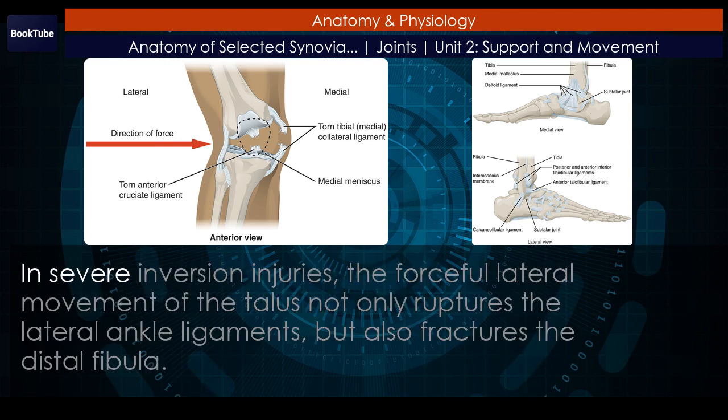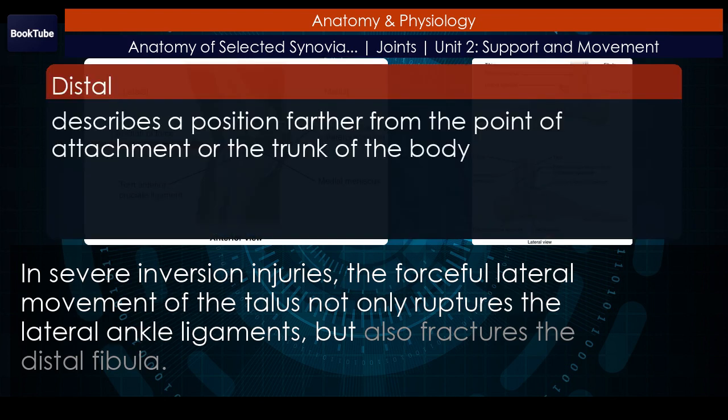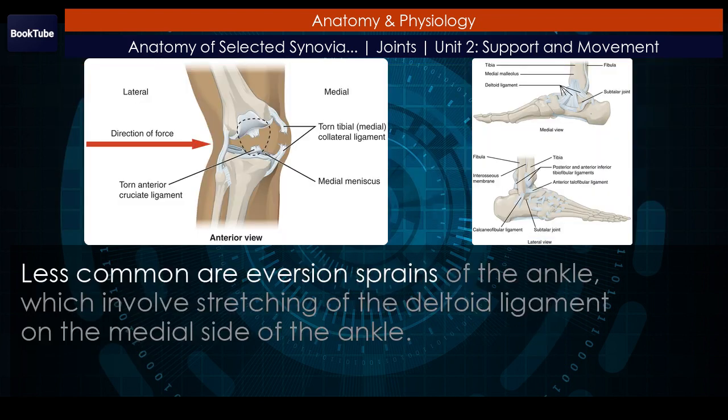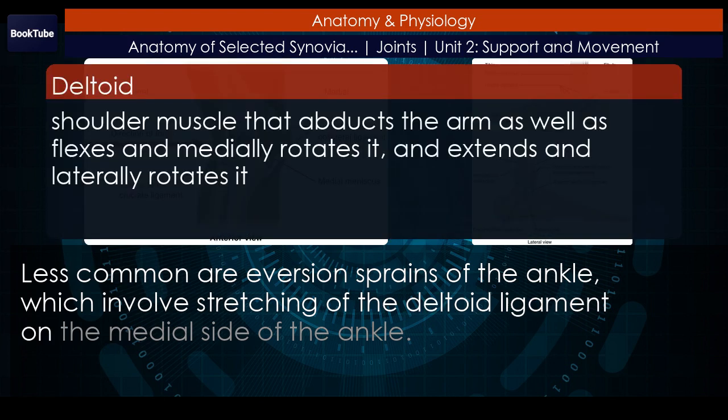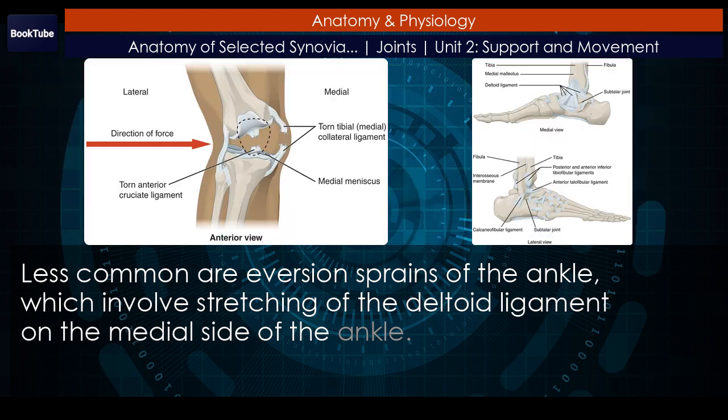In severe inversion injuries, the forceful lateral movement of the talus not only ruptures the lateral ankle ligaments, but also fractures the distal fibula. Less common are eversion sprains of the ankle, which involve stretching of the deltoid ligament on the medial side of the ankle.